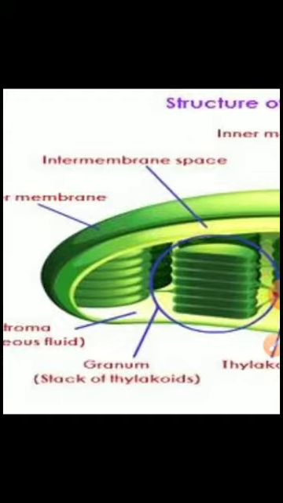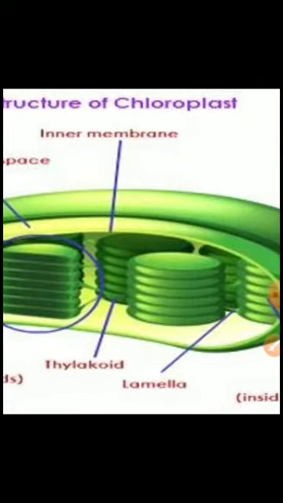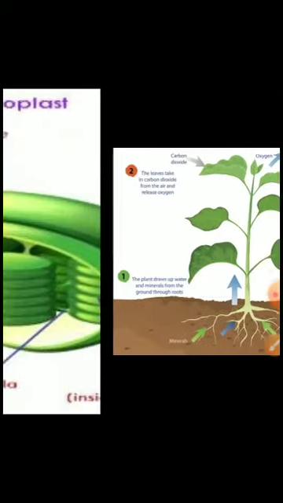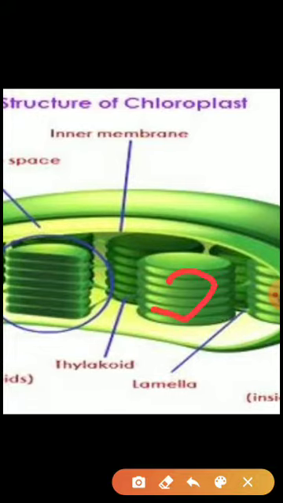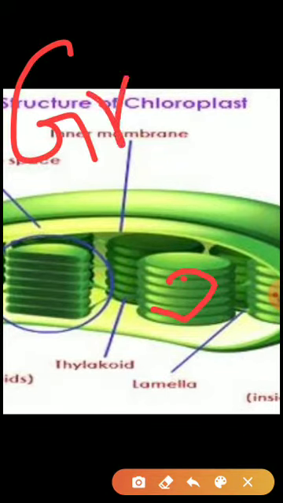As far as the structure of this chloroplast is concerned, this chloroplast or plastid is a double membrane bound, bean shaped structure, and it is found a disc like bag which is having thylakoid like structure, and this thylakoid like structure is called grana or granum.